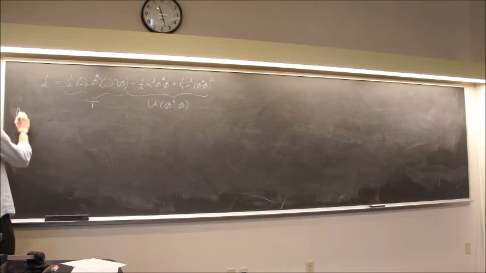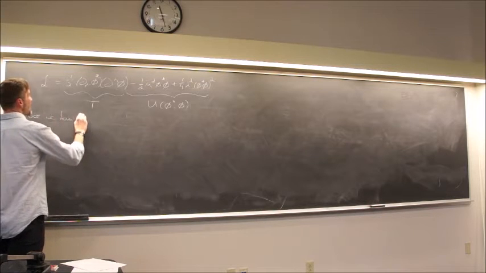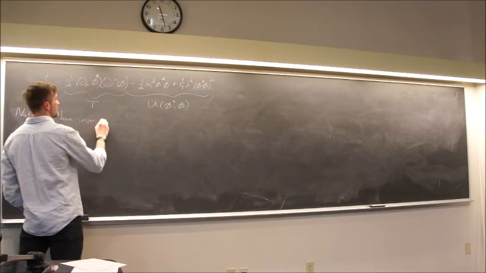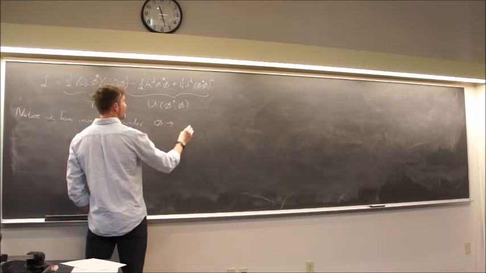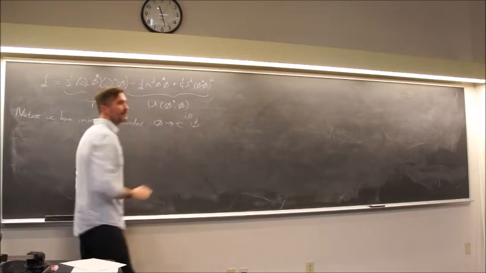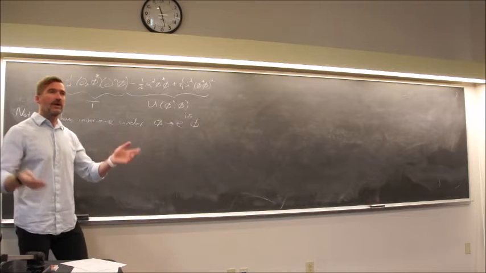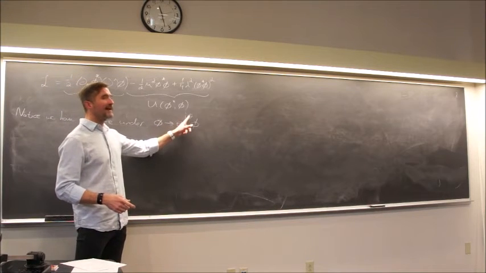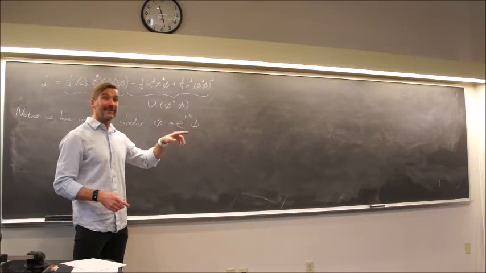So notice we have invariance under a transformation where phi gets rotated by e to the i theta times phi. When I did this in the case of U(1) electromagnetism, I called this e to the i phi, but I don't want to put e to the i phi acting on phi because that would be confusing.